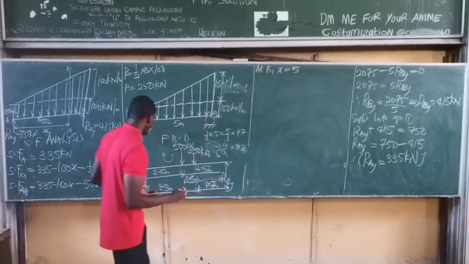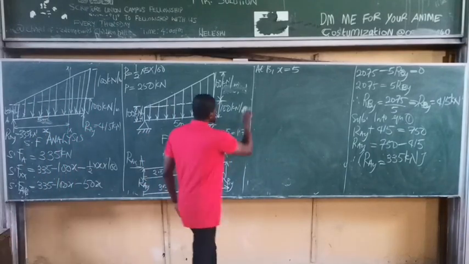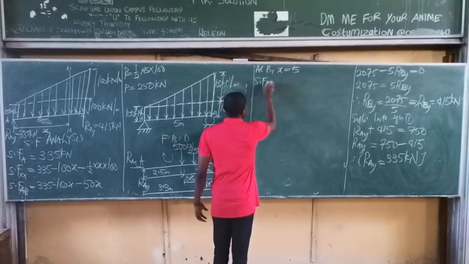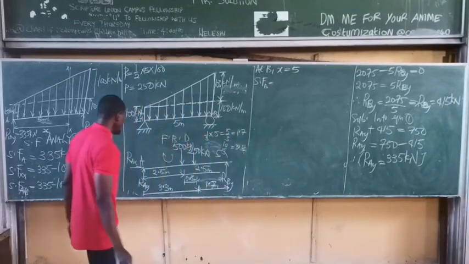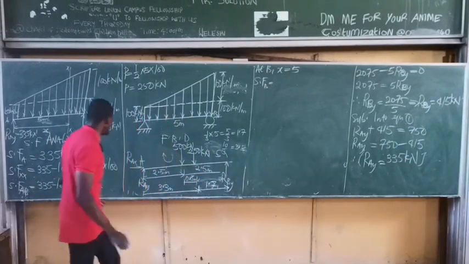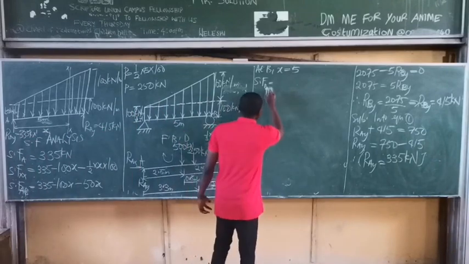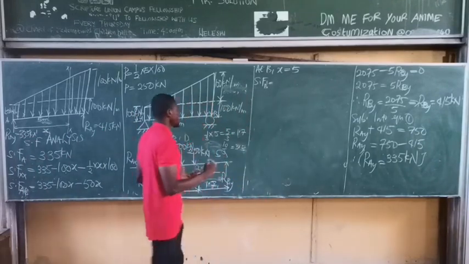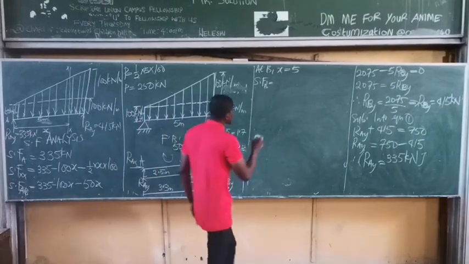Therefore, wherever you see x, put the value 5. Please take note that at point B we already have an upward force there, so because of that we call this shear force B prime, which means initially at point B the shear force becomes 335 minus 100x.